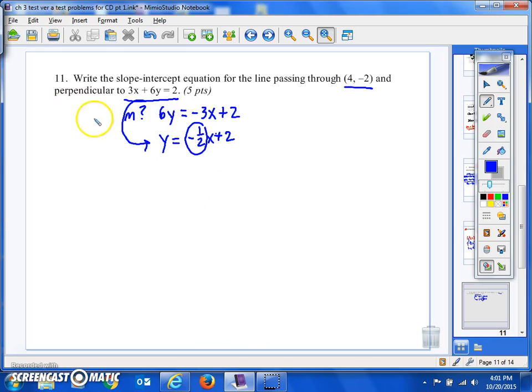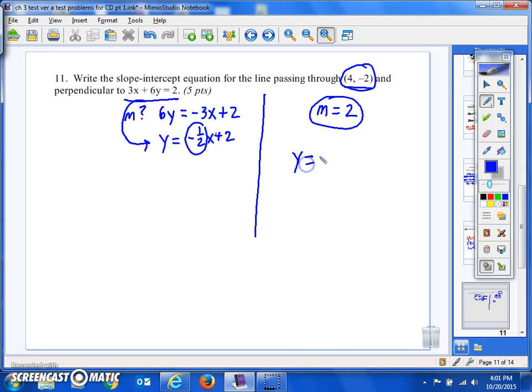Perpendicular lines have slopes that are opposite reciprocals of each other. So the opposite reciprocal of negative 1/2 is positive 2. Now I'm about to write an equation. My answer will be the equation for the line that goes through this point and has this slope.